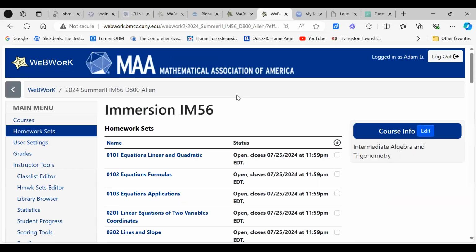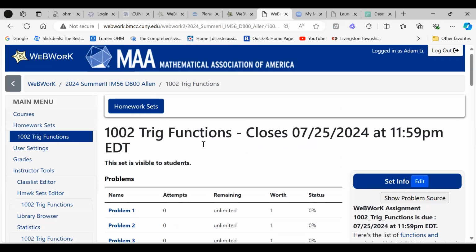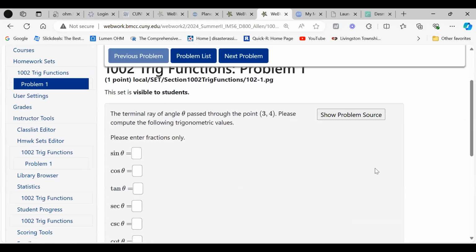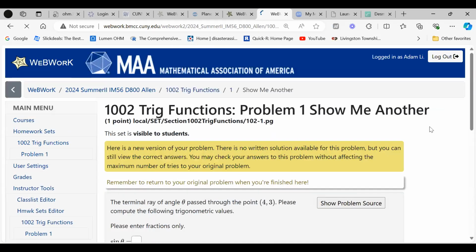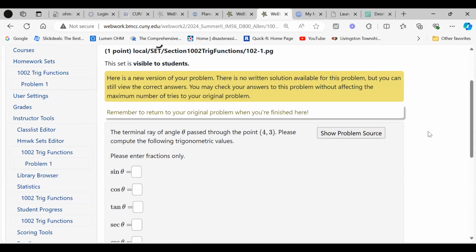So now let's get down to 10.2, which is an exercise on trig functions. And this is getting a little bit more interesting. So let's see. The terminal side of the angle theta passes through the point (4, 3).